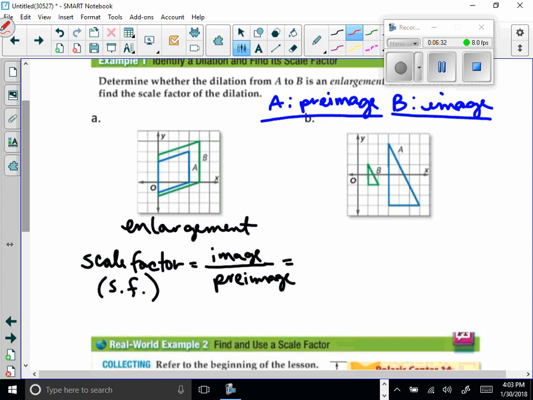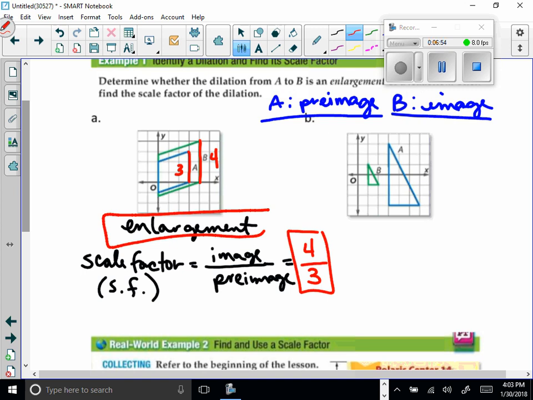So I'm going to take something that I can easily find the value of. I've got a side on A that is 3 units long, and a side on B that is 4 units long. So the image has a length of 4, which corresponds to a length of 3 on the pre-image. So the scale factor is 4 to 3, and it's an enlargement.